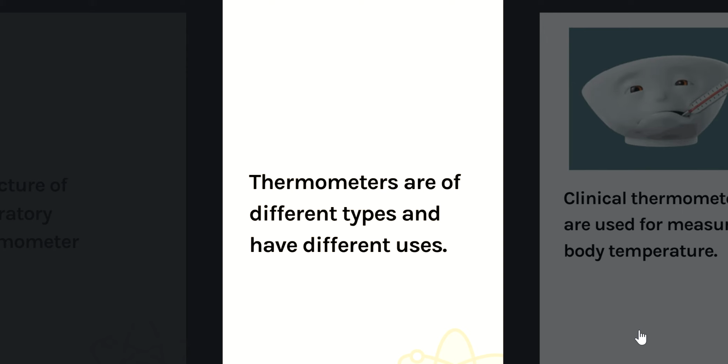But they can be used differently as well, depending upon the design and range. If it has a small range from 35 to 41, it will be used for clinical purposes, and if it has a large range, then it will be used for other purposes in the laboratory. So first of all, we will see the clinical thermometer.